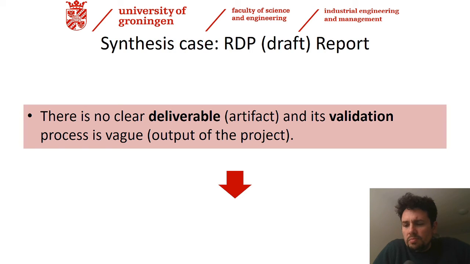What is the scientific validation process? And this validation process can also be inspired by the methods and tools that you will use to answer the sub-questions. The deliverable, please don't forget about that section.